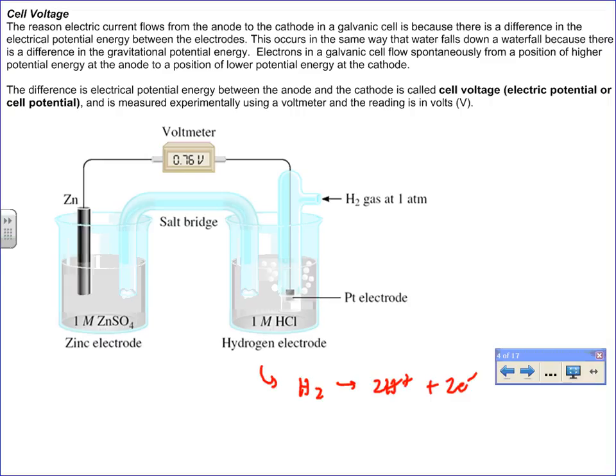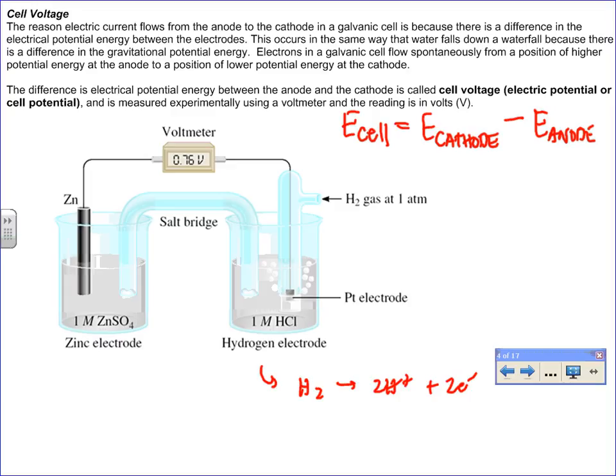The cell potential is actually the difference between the two. The final position is the cathode and the initial position is the anode. So to find the cell potential change, we take the potential at the cathode and subtract the potential at the anode. This is going to be a key formula for the remainder of this lesson.